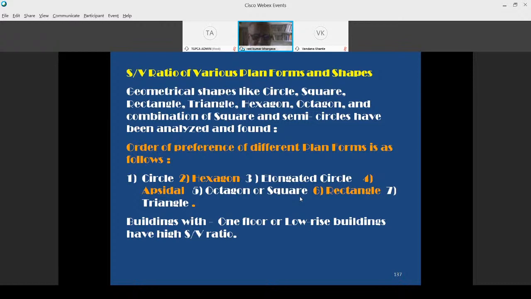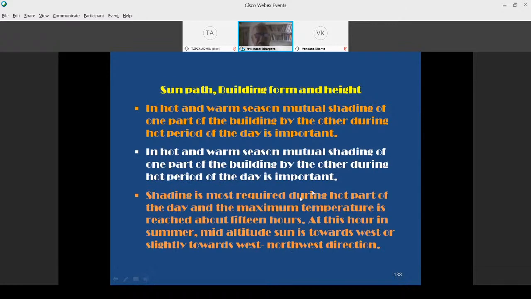As far as possible, avoid triangle unless you have sufficient justification that even the triangle form I can utilize properly without any loss or generating negative spaces. So, friends, these are the recommended forms for plan which will result in less SV, that is surface to volume ratio.